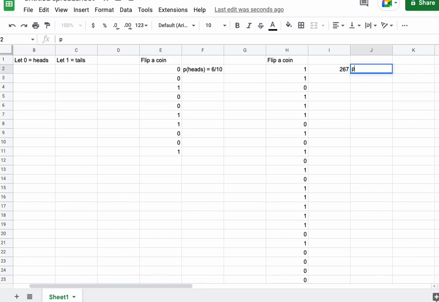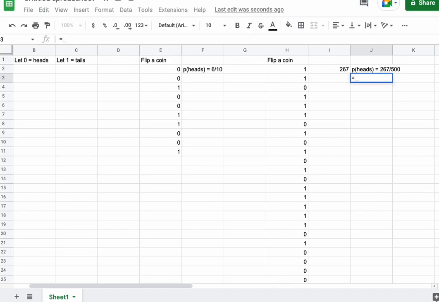All right, so the probability of getting heads here, I'll just type it in the way I did before, would be equal to 267 out of 500, which isn't equivalent to 0.5.